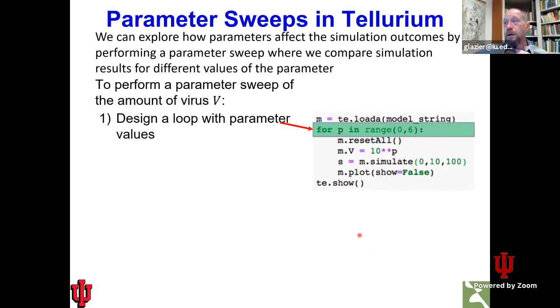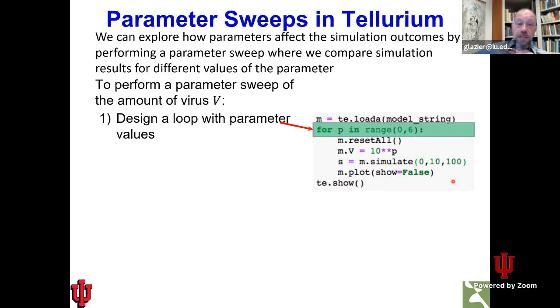The basic loop architecture for Python is for p in range(0, 6): colon, the syntax. Remember that Python is 0-based, so this will give us 0, 1, 2, 3, 4, 5. It will not give us 6. That's something you have to remember, not like Fortran where it executes the last value.